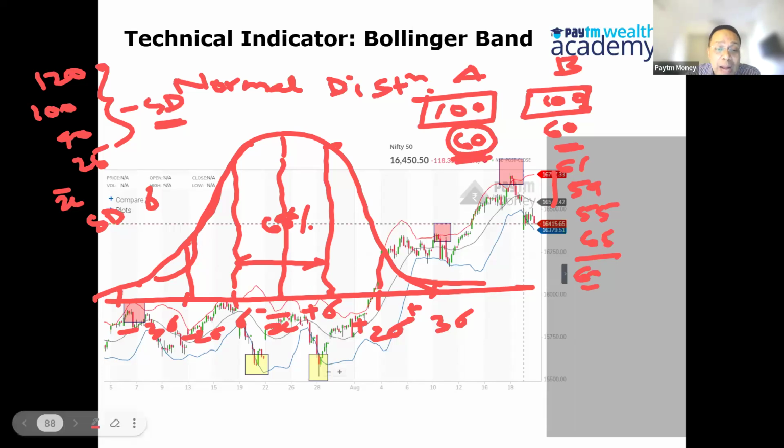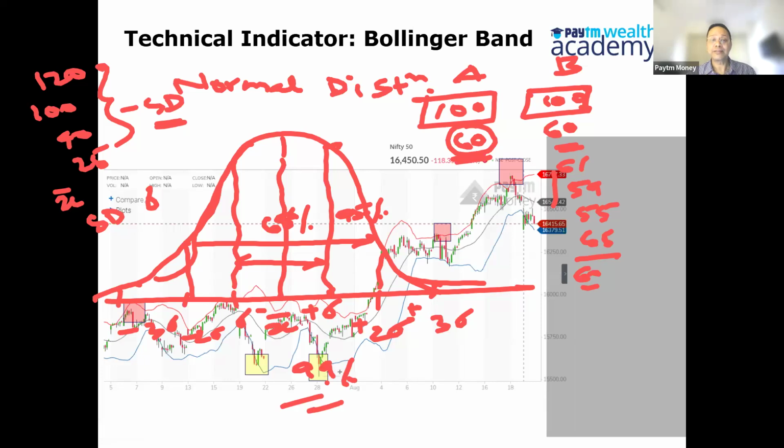Now, what is the probability that the data is going to be within plus minus two standard deviations? It is 95% probability. What is the probability the data is going to be within plus minus three standard deviations? It is 99% probability. Are you getting my point, guys? Is it clear to you so far? Can you give me a quick check?